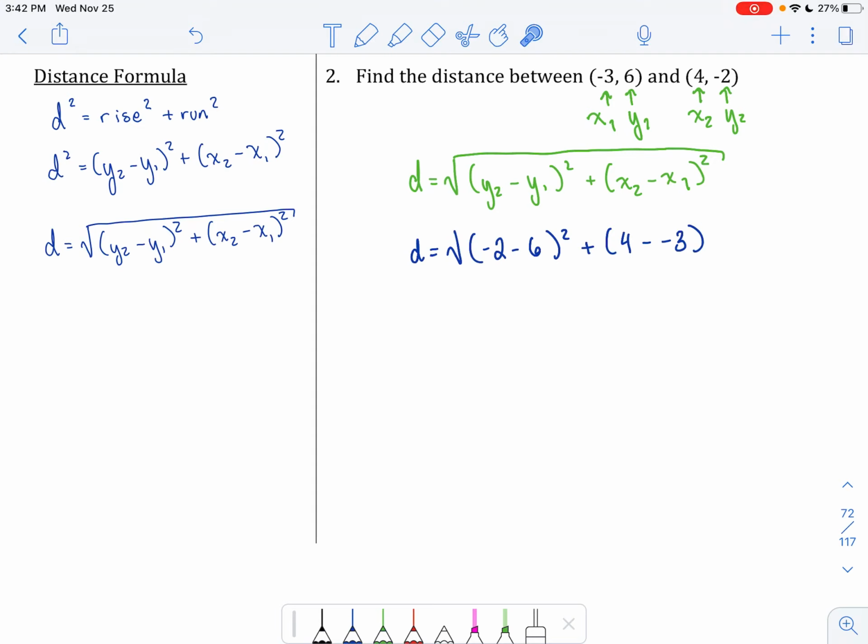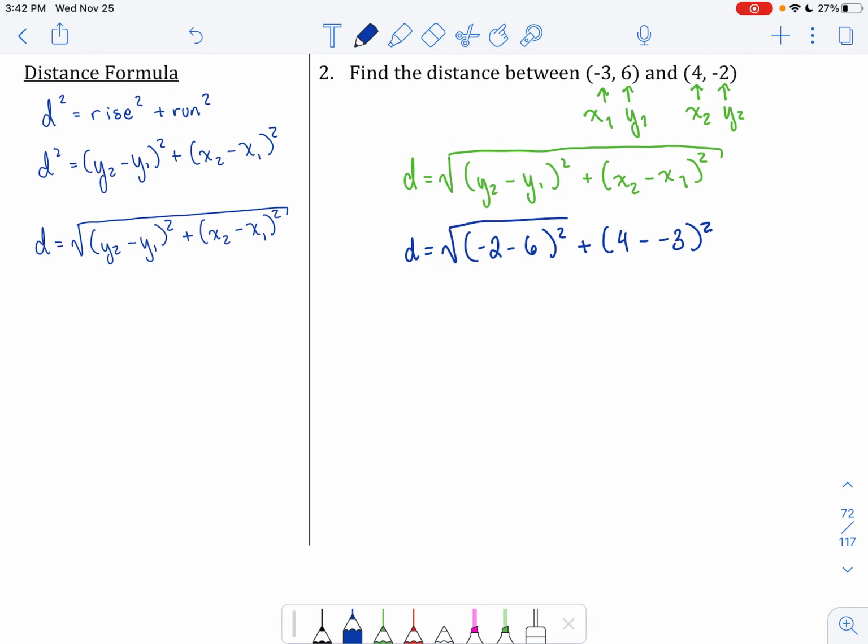Make sure you're keeping the negatives. You notice how this has a negative right here, subtraction plus the negative on the 3. Squared, all inside the square root. From there, you're going to want to follow your order of operations, which means that you're going to do the parentheses first. Remember our order of operations, PEMDAS. Parentheses first.